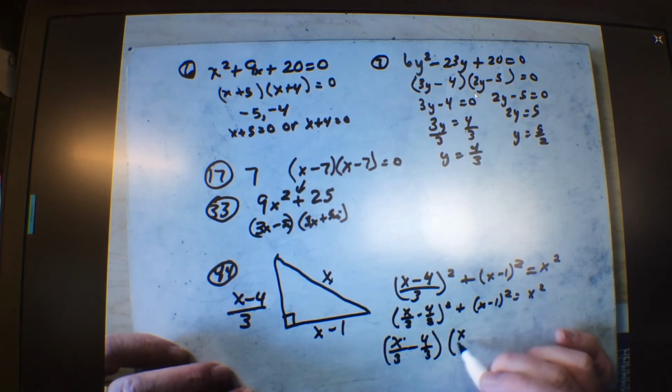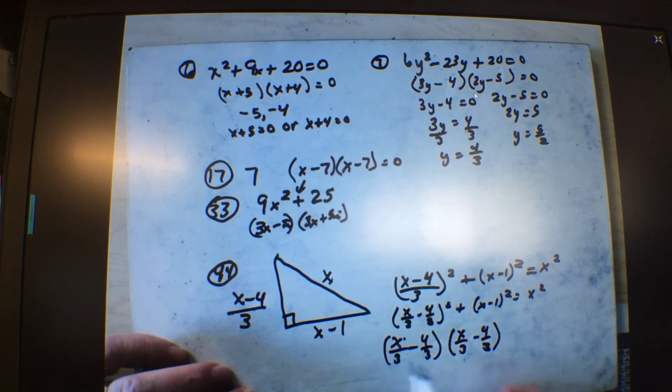I'm gonna FOIL it. It's gonna get nasty. If I multiply this times this, I get x squared over 9, right? Then the inner two give a negative 4x over 9, and the outer two a negative 4x over 9, right? And then the last is 16 ninths, correct?